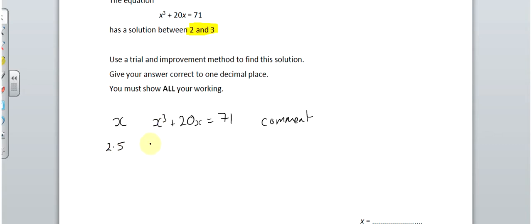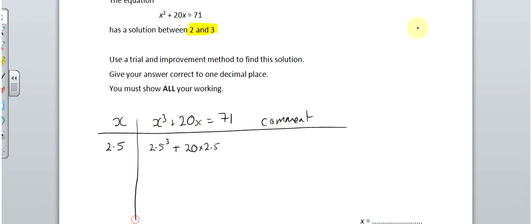And I'm going to write 2.5 because that's my guess for x, and I'll put the cubed on it, plus 20 times 2.5. And then I'm going to type that into my calculator.